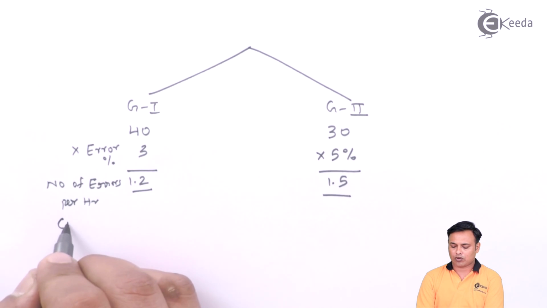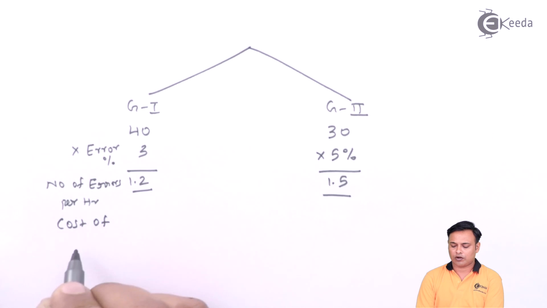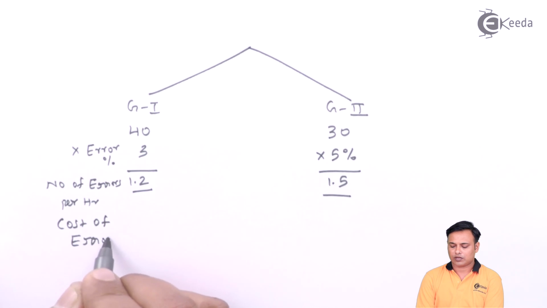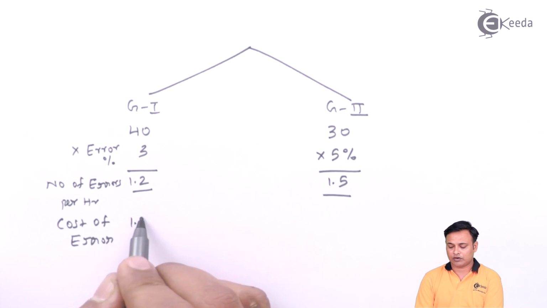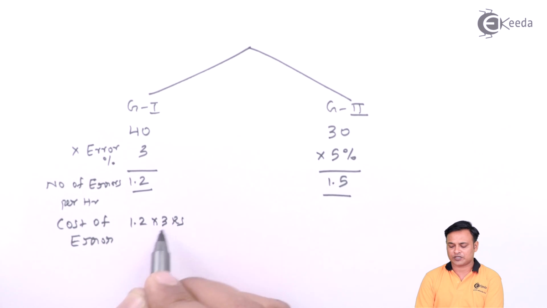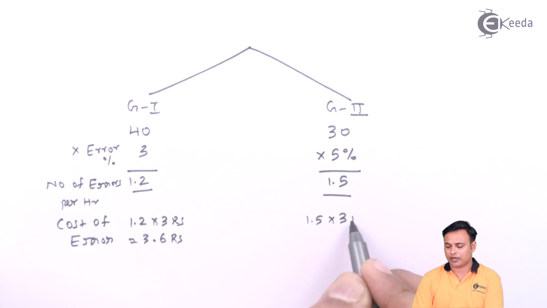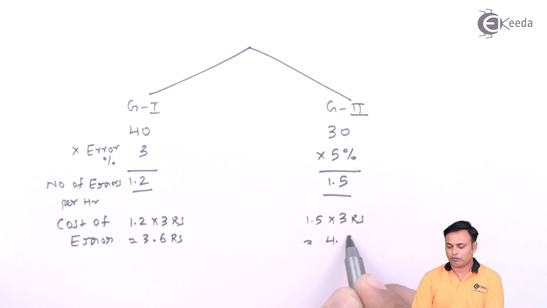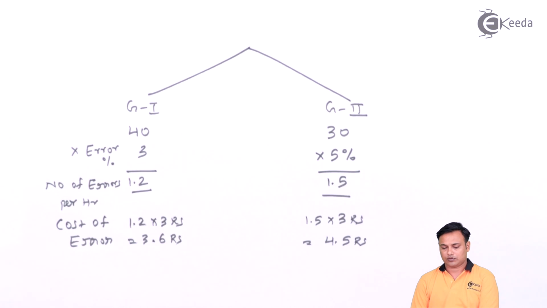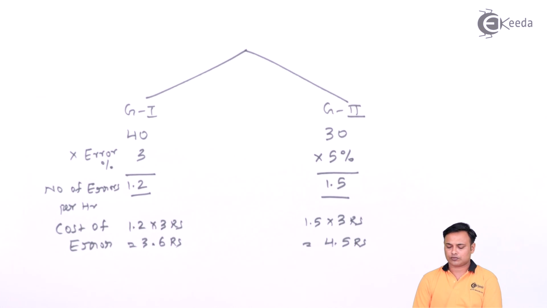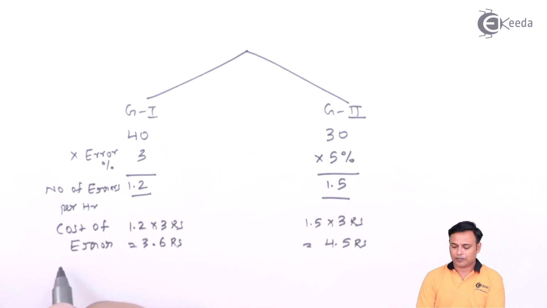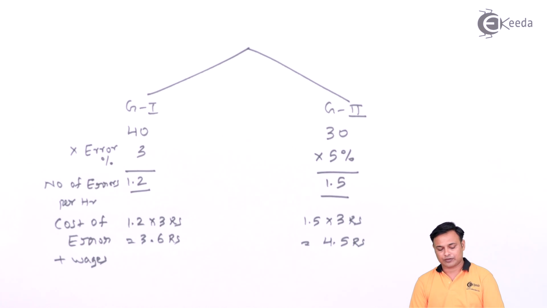And what is my cost of error? In this case it will be 1.2 multiplied by 3 rupees per error, which comes to 3.6 rupees. In second case it will be 1.5 errors multiplied by 3 rupees per error, it will be 4.5 rupees. So this is my error cost per hour plus how much wages we are going to pay.